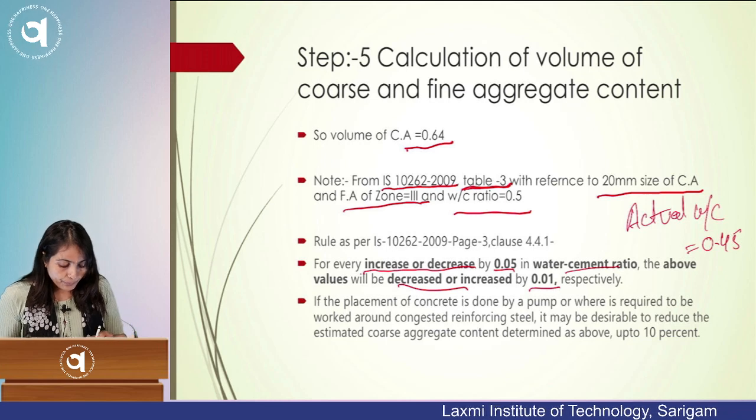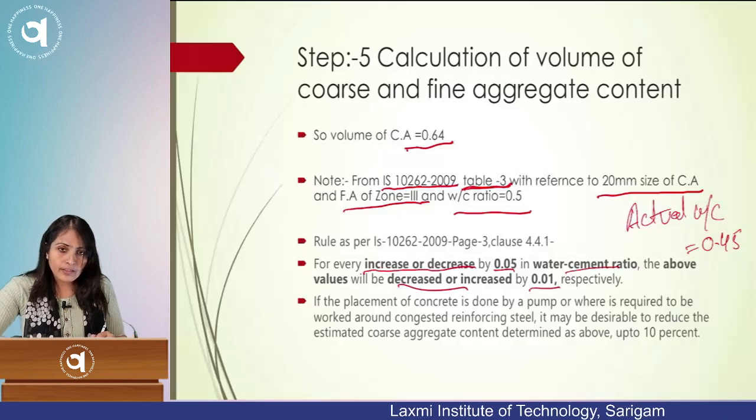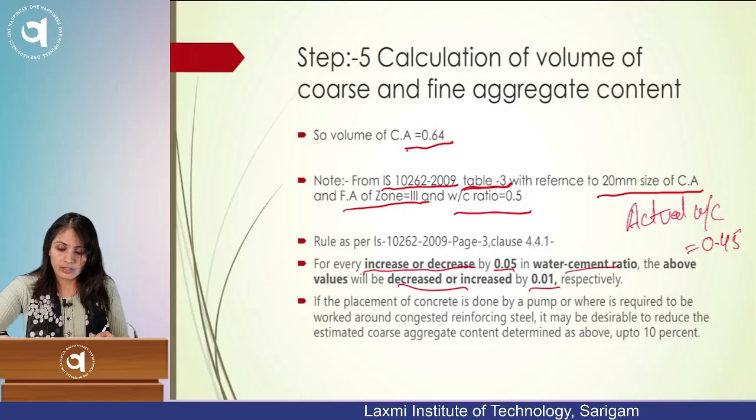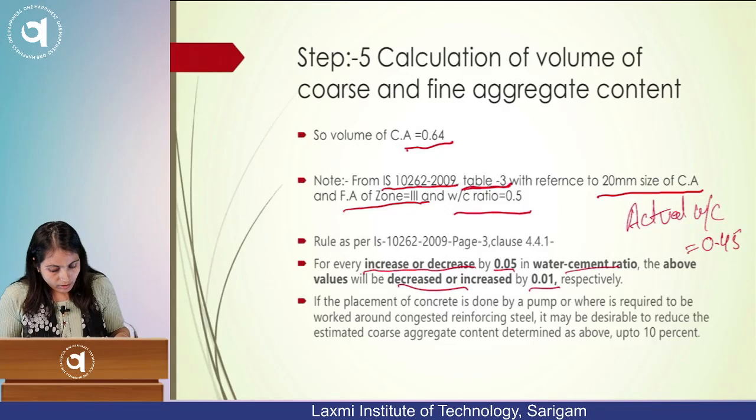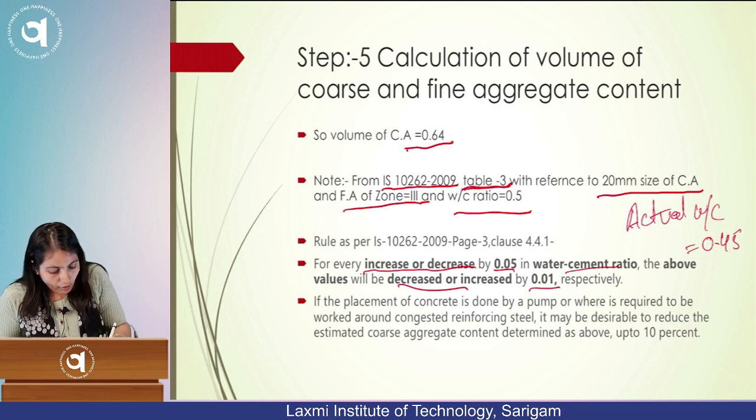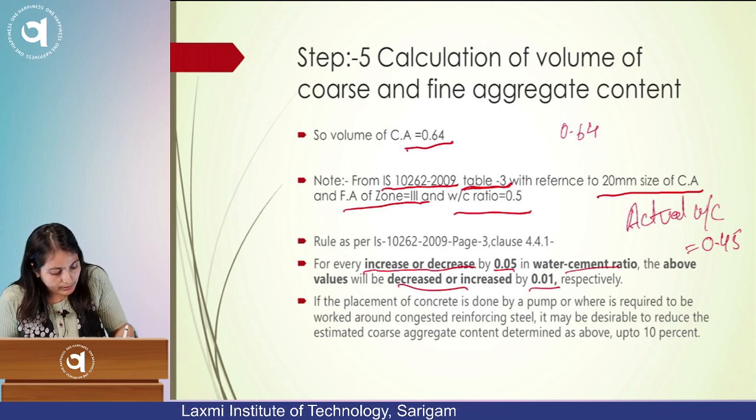So here we will design according to the data given. We already have 0.64 here. The water cement ratio is decreasing by 0.05, so it is 0.45.